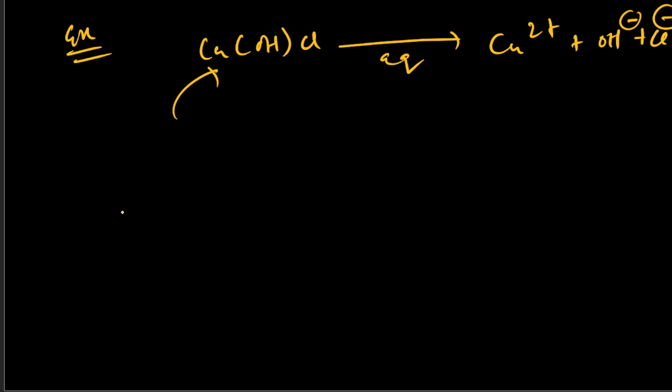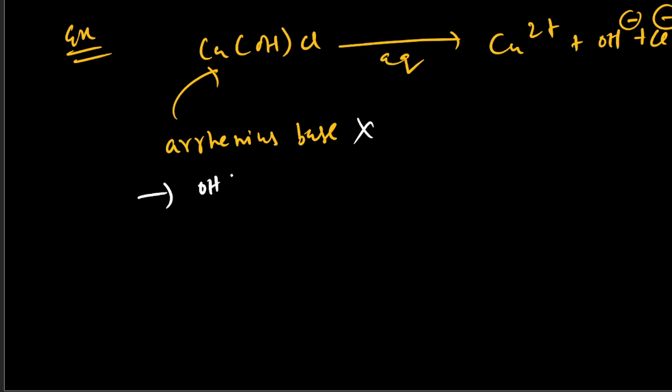Is this an Arrhenius base? The answer is no. Why? Because for an Arrhenius base, the negatively charged ion should be only OH minus. If other ions are present with OH minus, then that is not considered an Arrhenius base.